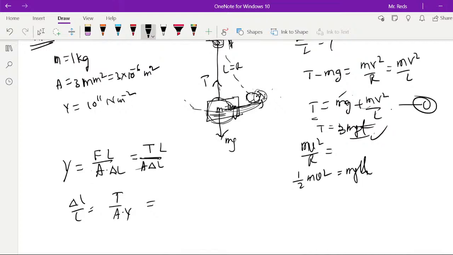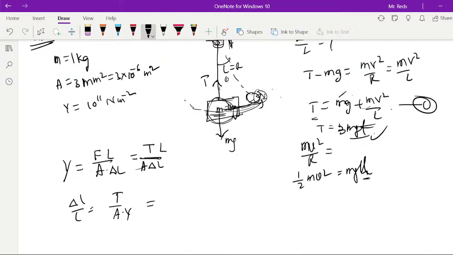The height would be L minus L cos theta. That way you can take it, but here those parameters are not mentioned, so we have to take only approximate values.